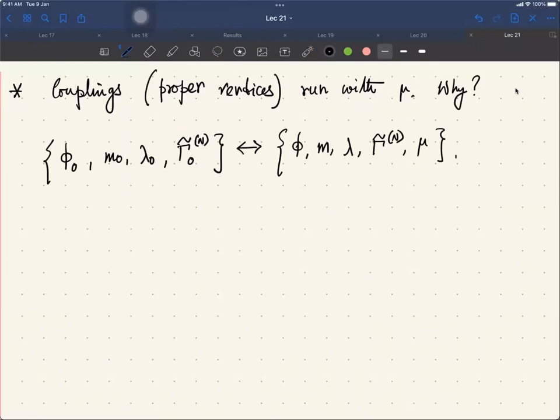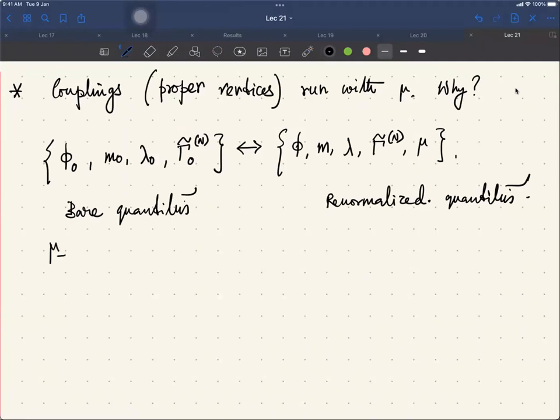So these are called bare quantities, and these are renormalized quantities.